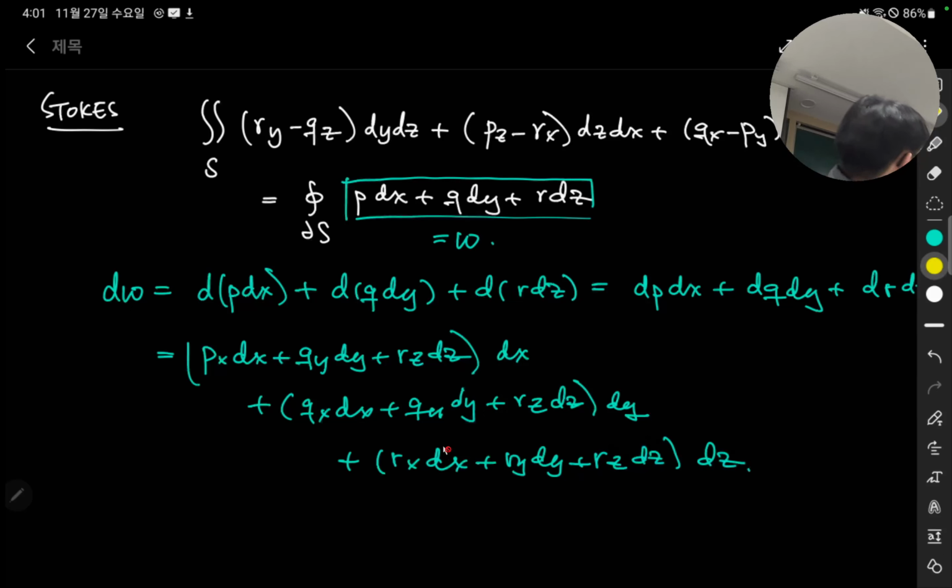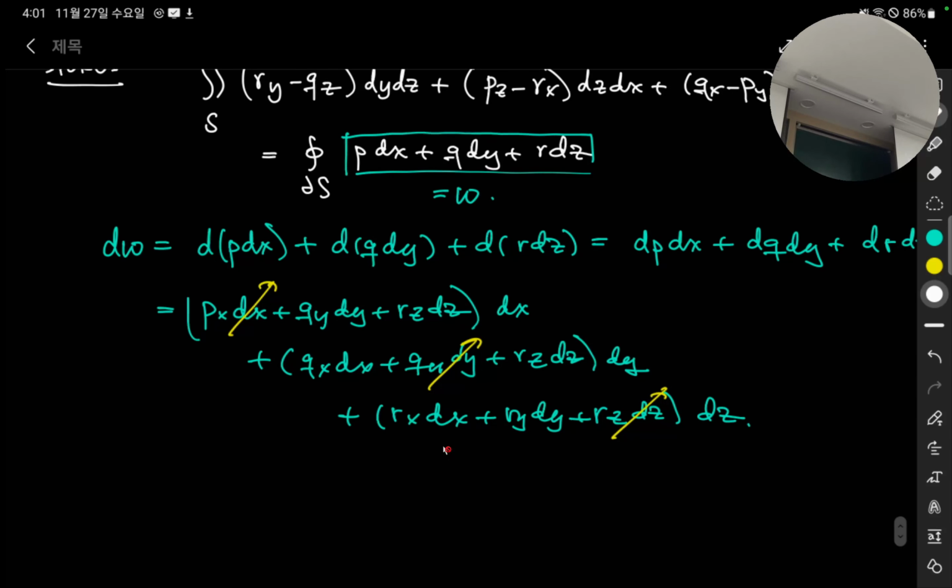Okay, same thing. There are many things vanishing. First, dx dx cancels out, dy dy becomes 0, and dz dz becomes 0. And let's see, there is a dy dx term here and a dx dy term here. As I said, if you change the order, you change the sign.